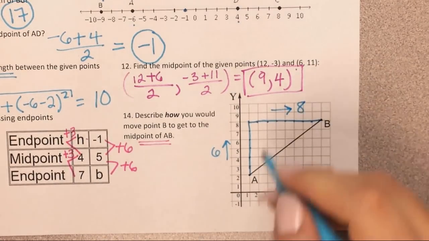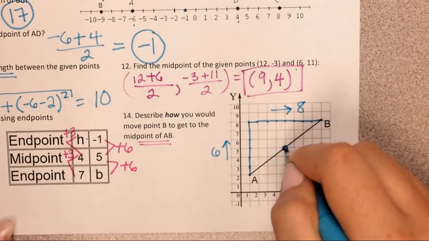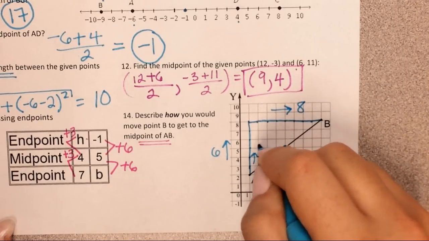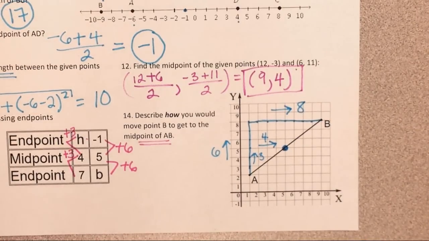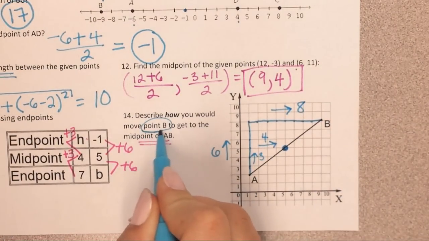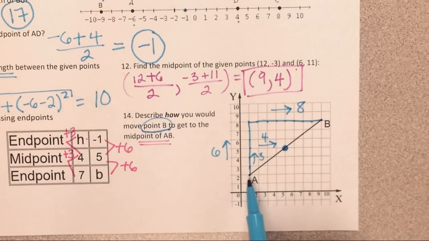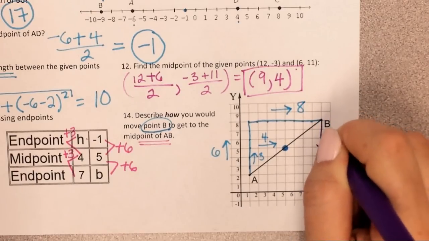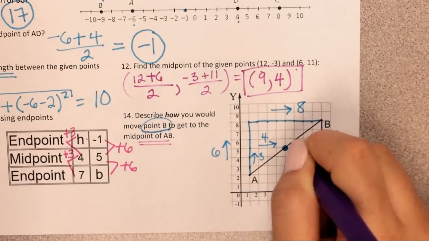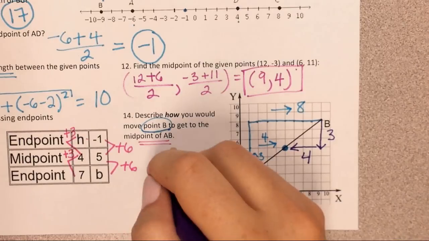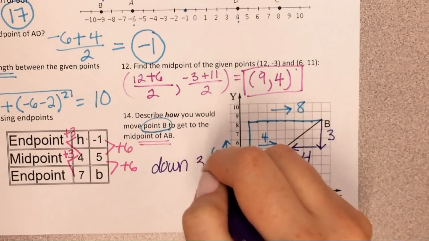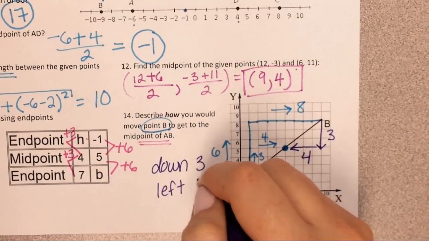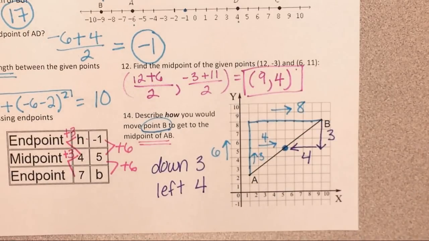So I'm going to cut that in half and go up 3 over 4. And there's my midpoint. Now, it wants me to describe how I would move point B. So if I was moving point A, I would go up 3 and over 4. But if I'm moving point B, I'm going to need to go down 3 and left 4. And that'll take me to my midpoint.